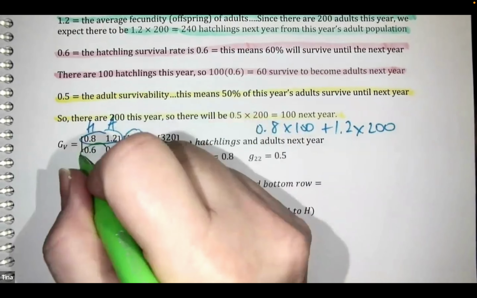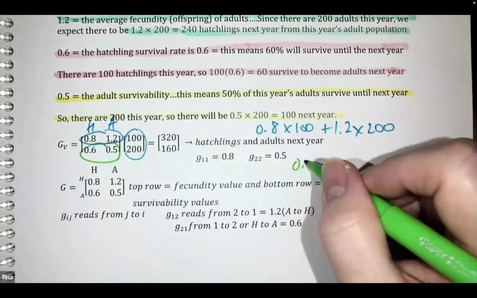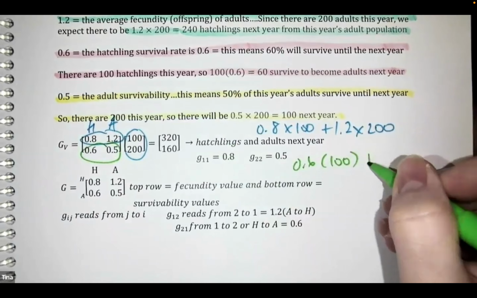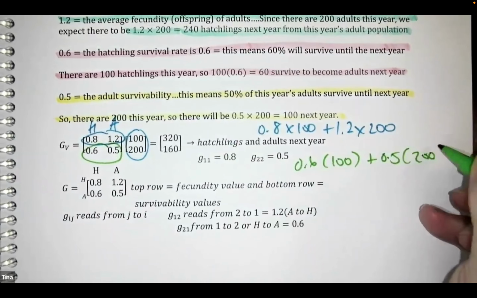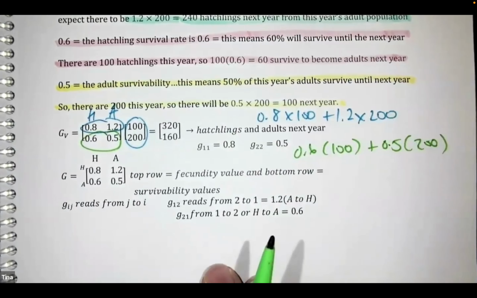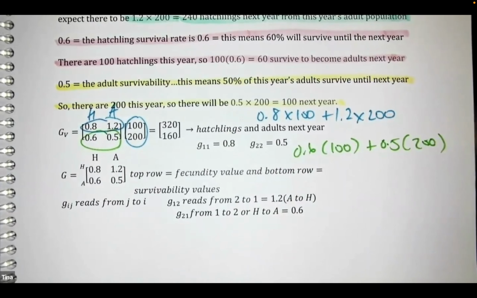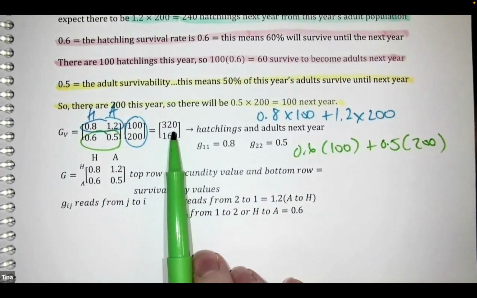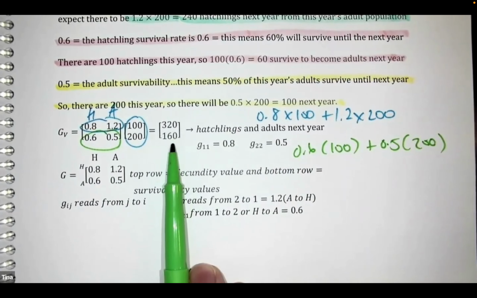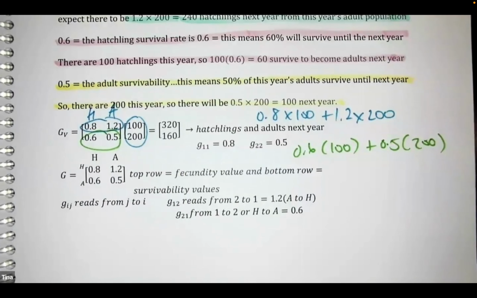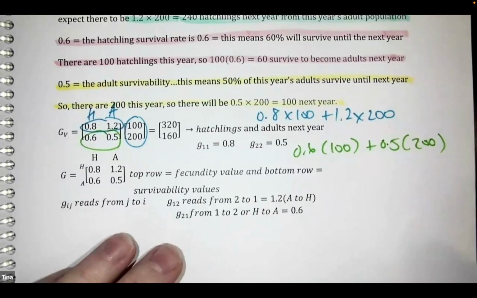And on the bottom, 0.6 times 100 plus 0.5 times 200, which are the numbers that we did up here. So we'll have a total of 320 hatchlings and 160 adults in the next year.